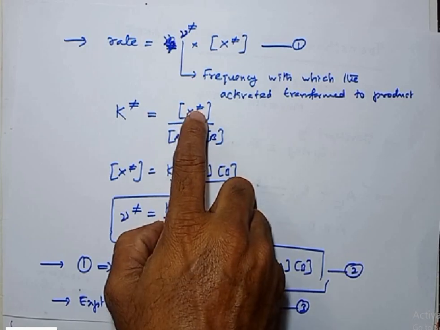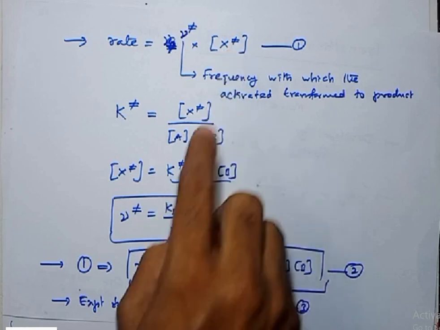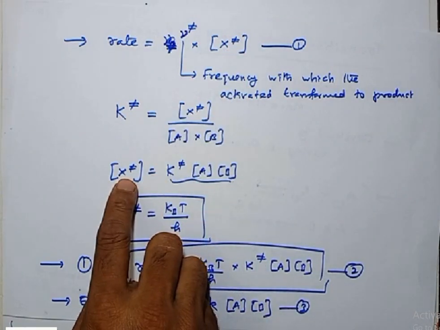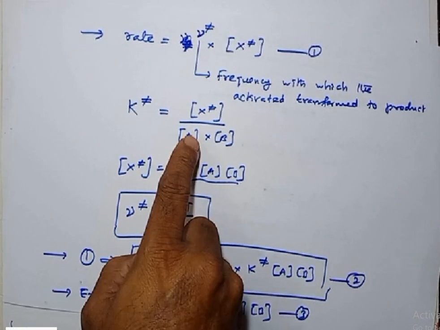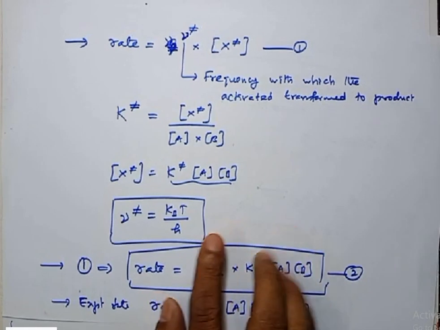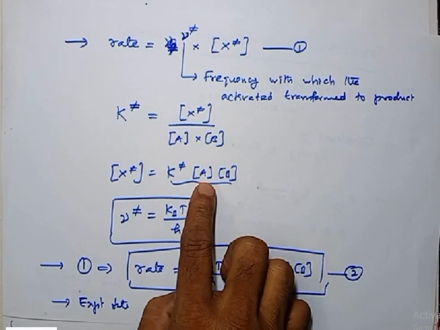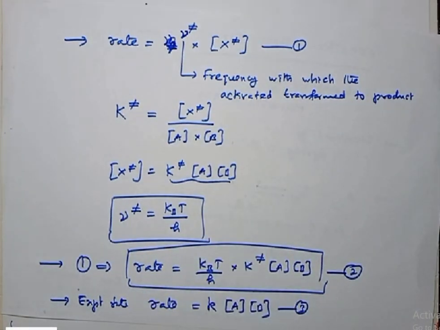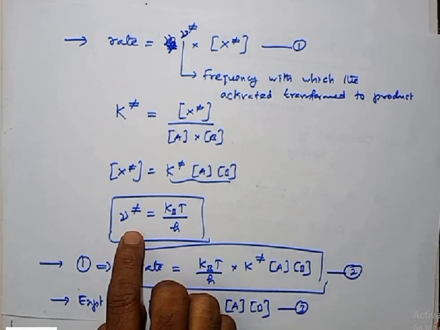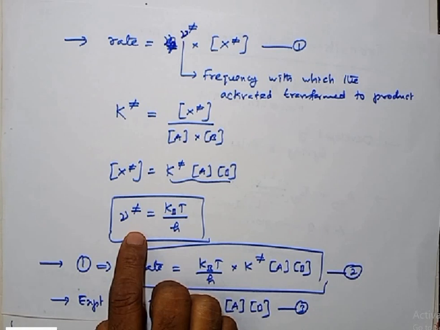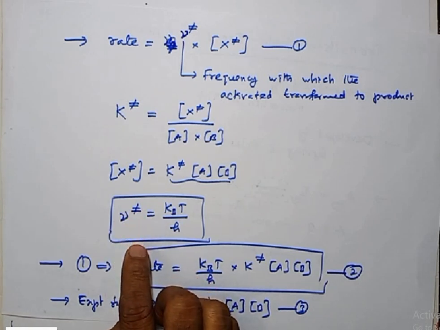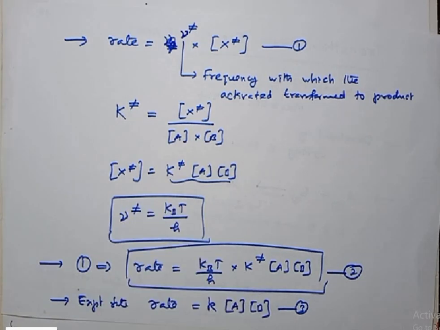We want the concentration of the activated complex. So if you rearrange this equation, we get the concentration of the activated complex equal to, bring A and B to the left hand side, so we get K double dagger times [A][B]. Then the frequency of the loose vibration, or the magic vibration, we can obtain from the partition function equation, but I am not going to show that now.